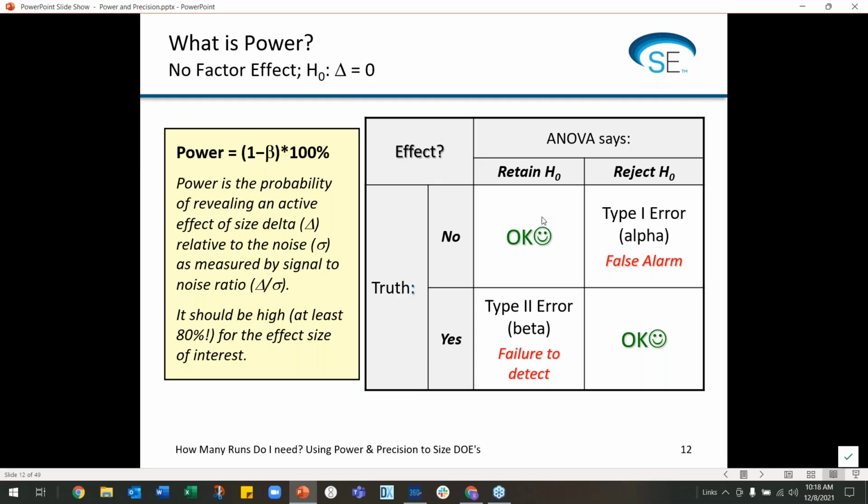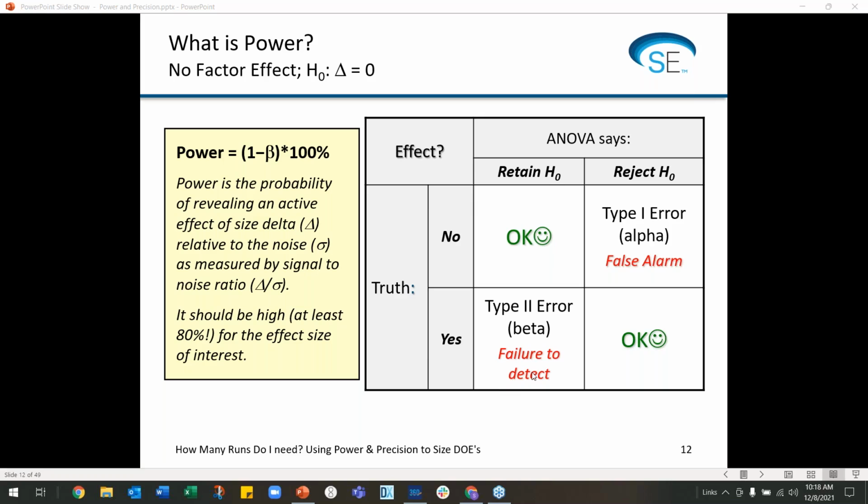So that's great. But what if the ANOVA says there are no effects, and the truth is there are effects there? Then that's a type 2 error, a beta risk, and it's a failure to detect effects.